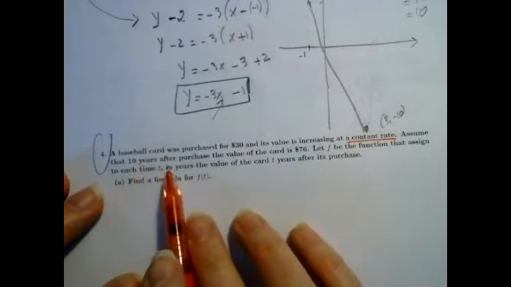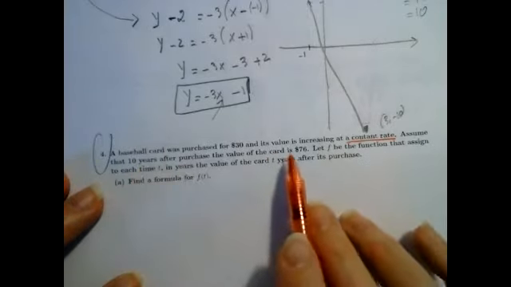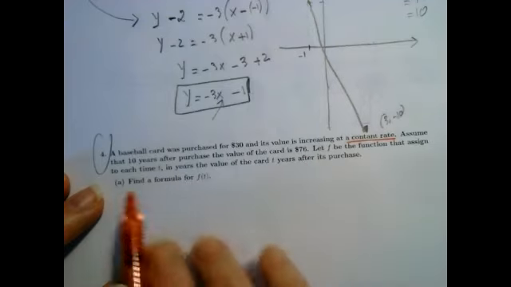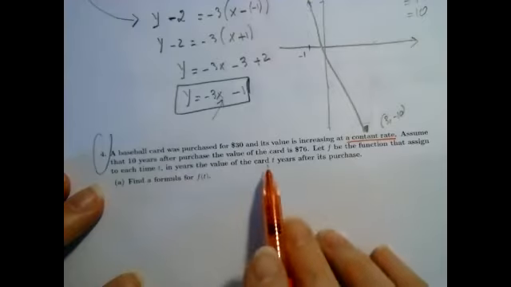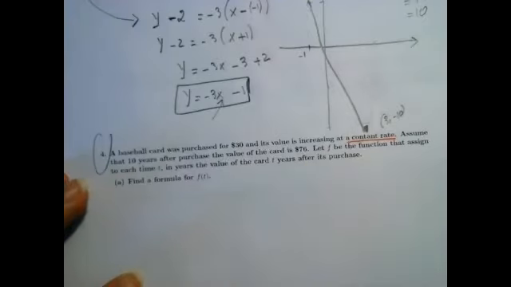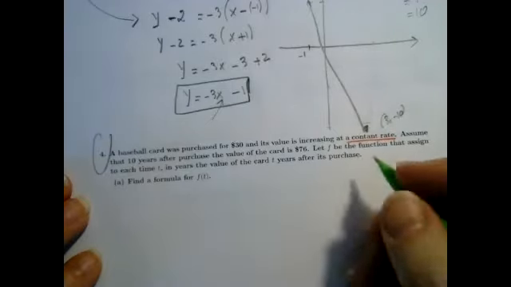Assume that 10 years after purchase, the value is 76. And let f be the function that assigns to each time t in years the value of the card t years after its purchase. So let us really understand what the rule is. So I have a function.